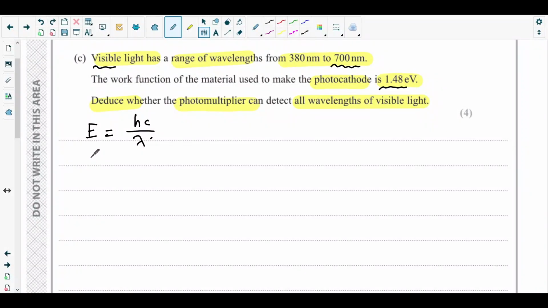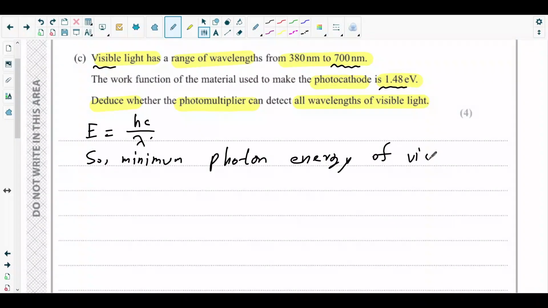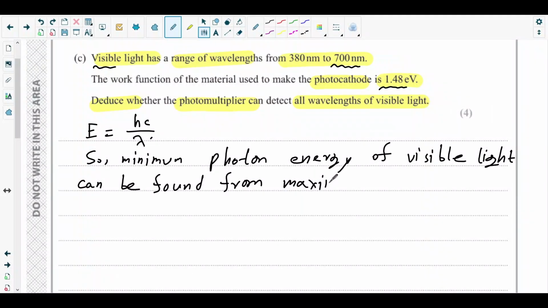So the minimum photon energy of visible light can be found from the maximum wavelength, because photon energy is inversely proportional to the wavelength.